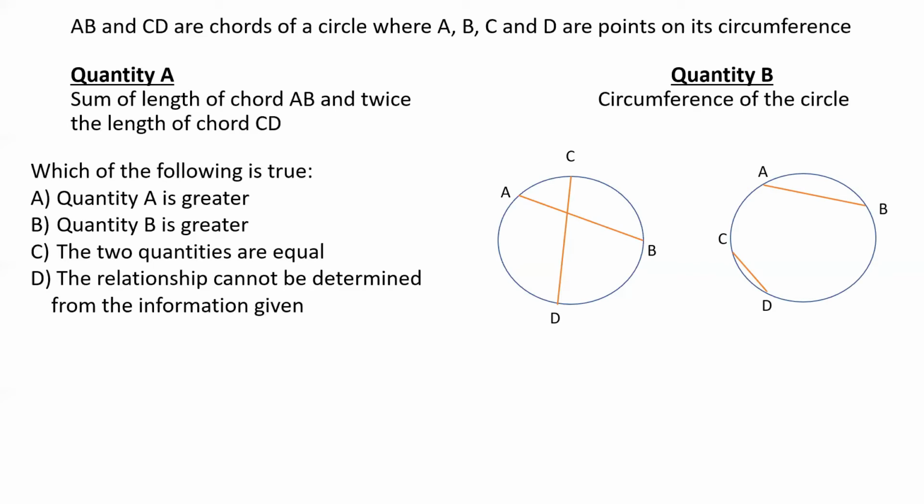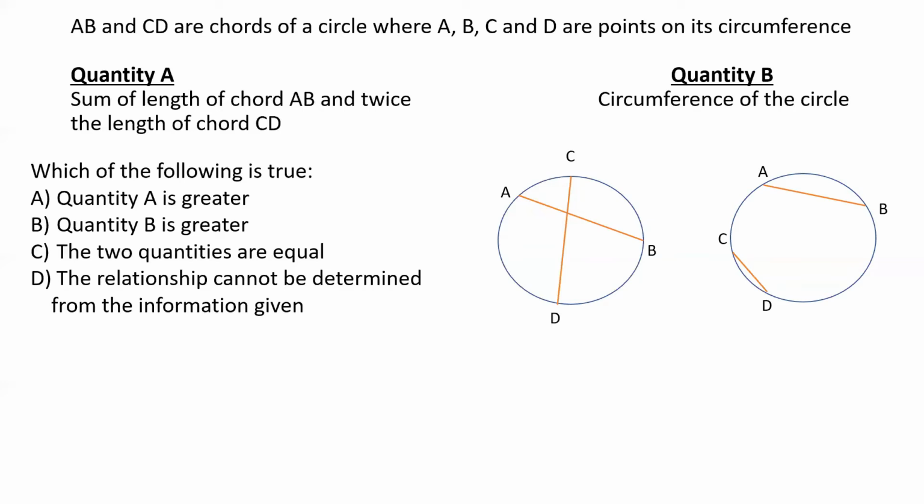And simply by looking at this, one may be tempted to select option D, because quantity A clearly looks to be variable. It really depends on what AB and CD can be, and there could be many different possibilities which are not specified in the problem.